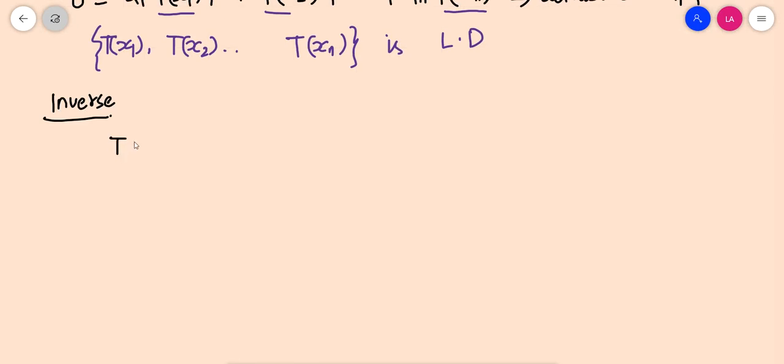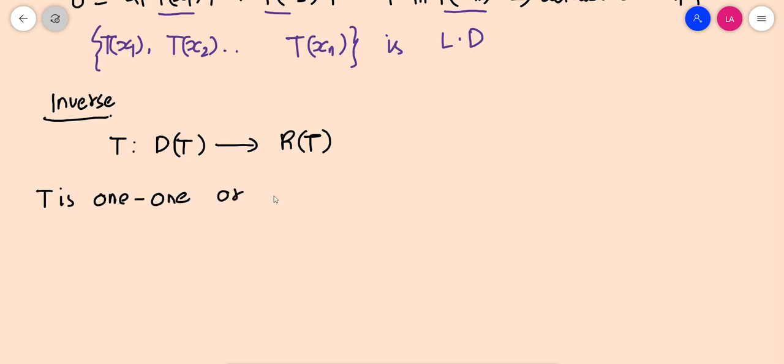So let T be a linear operator from D(T) to R(T). Then T is said to be one-to-one or injective if distinct elements map onto distinct elements.